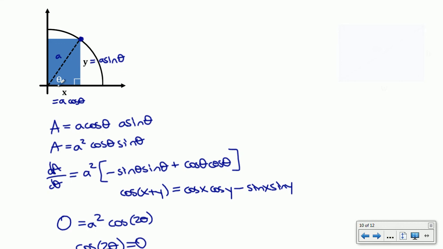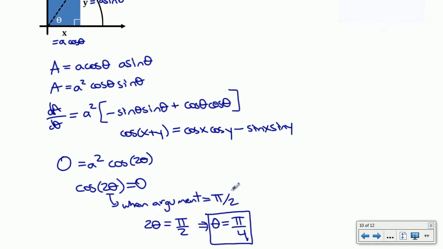And pi over 4 is going to have a situation where x is equal to y, so that's a square. And now I know that x is going to be equal to a cos at pi over 4, and cos at pi over 4 is root 2 over 2. So it's going to be a root 2 over 2.